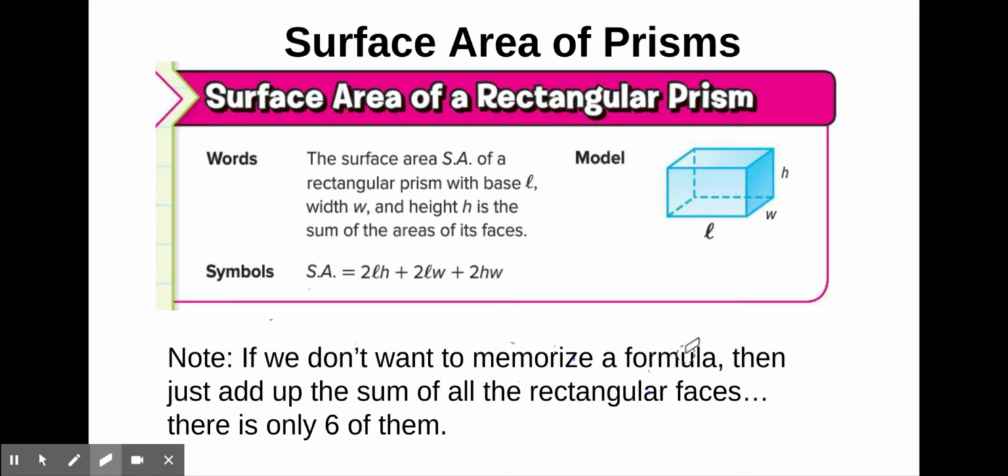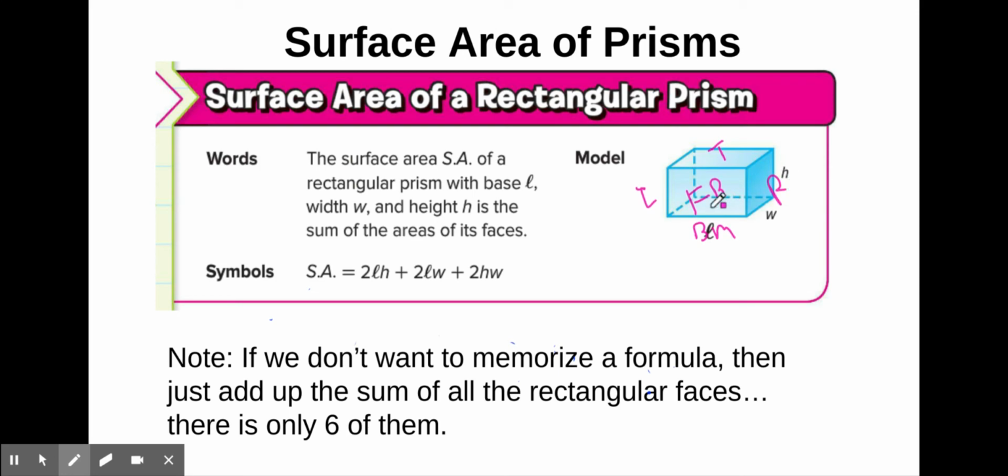You got a front, and you got a back. You got a top. You got a bottom. You got a left. And you got a right face.